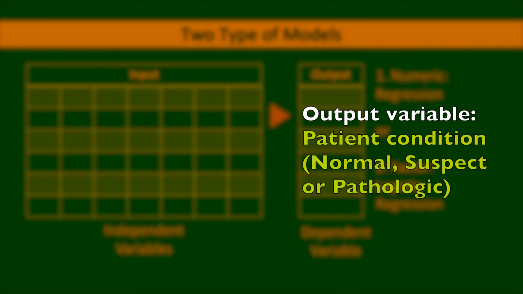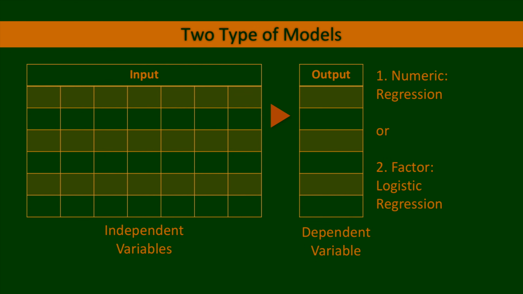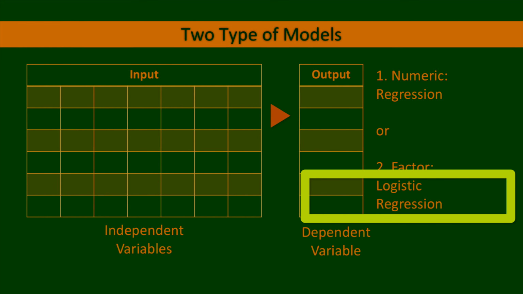So a patient may be categorized into these three categories. Again, this is an example where the output is a factor, and in this situation we cannot use a regression model, simple linear regression or multiple linear regression. We have to make use of what is known as logistic regression.